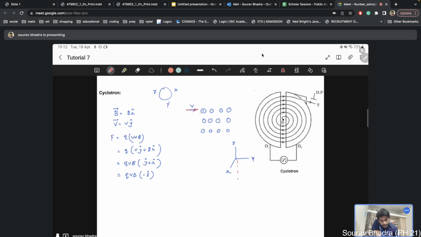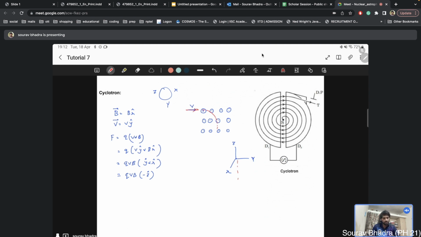So that means this particle will turn, and it will go in a circular path, because at every point the magnetic field and the velocity are perpendicular, and the force always makes the particle move in a circular path. So that is the main thing of the cyclotron.